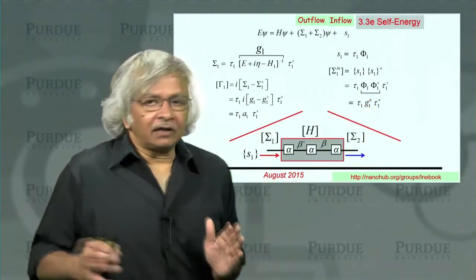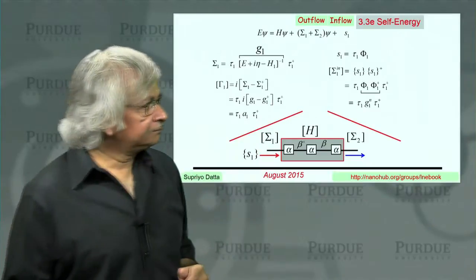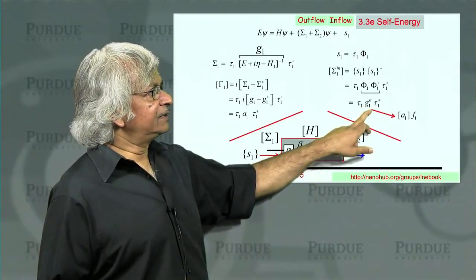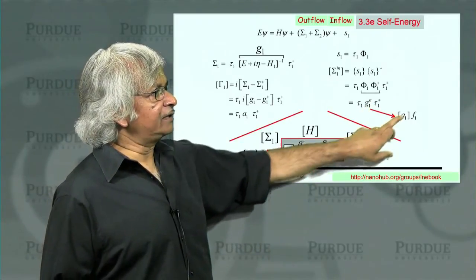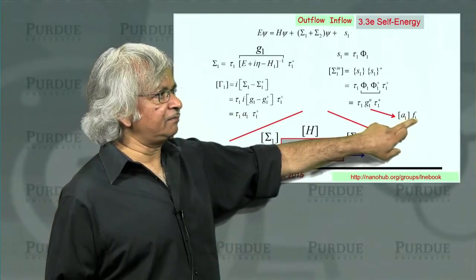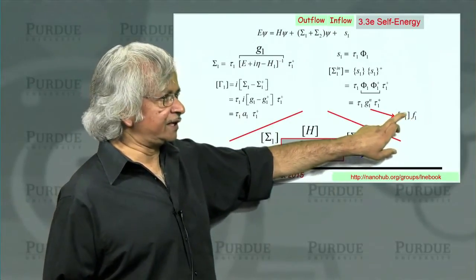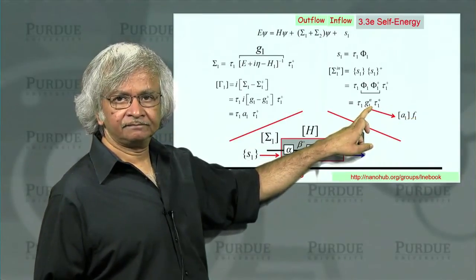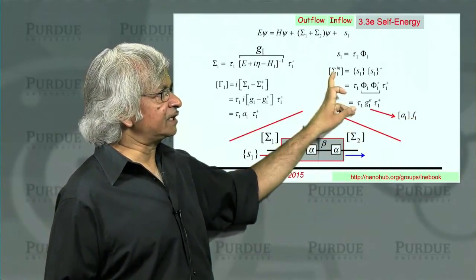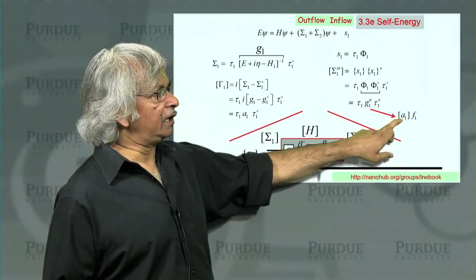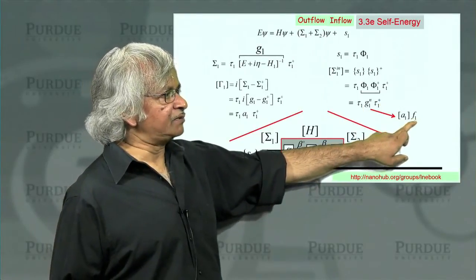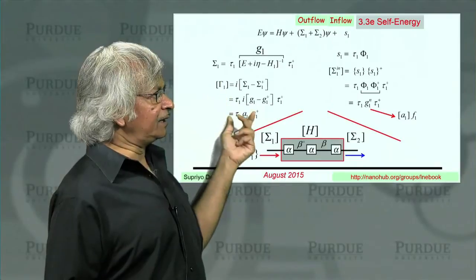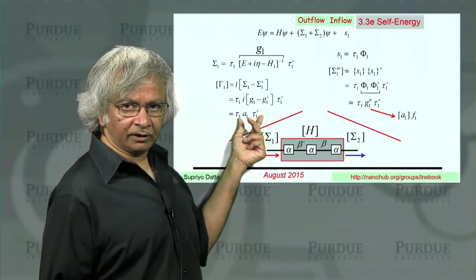Now, if the contact happens to be in equilibrium, then this Gn for contact 1 is related to its spectral function by the Fermi function. So it's like density of states times Fermi function is electron density. And in that case, you see sigma in is tau 1, A1, tau 1 dagger times F1, while gamma is tau 1, A1, tau 1 dagger.